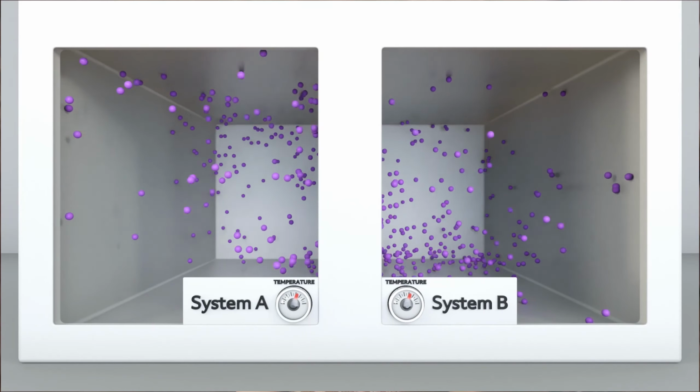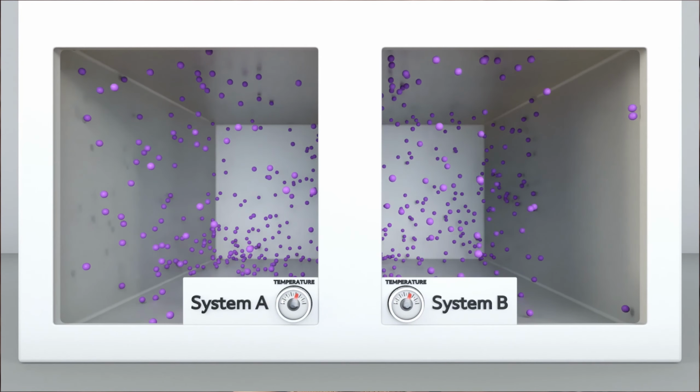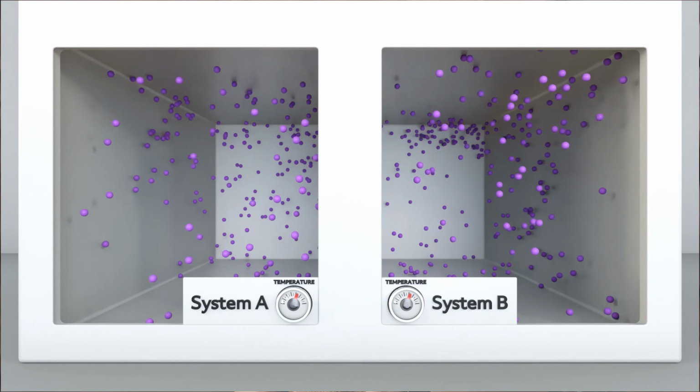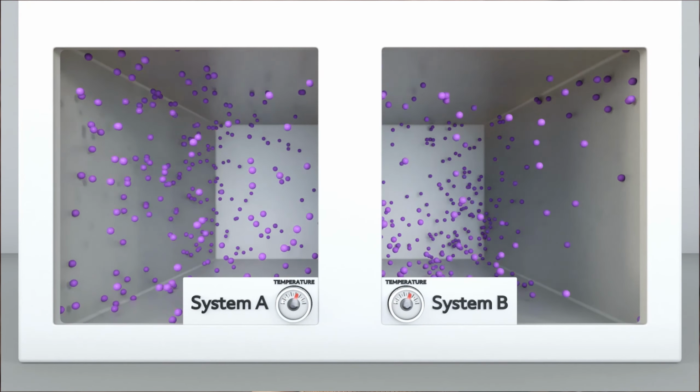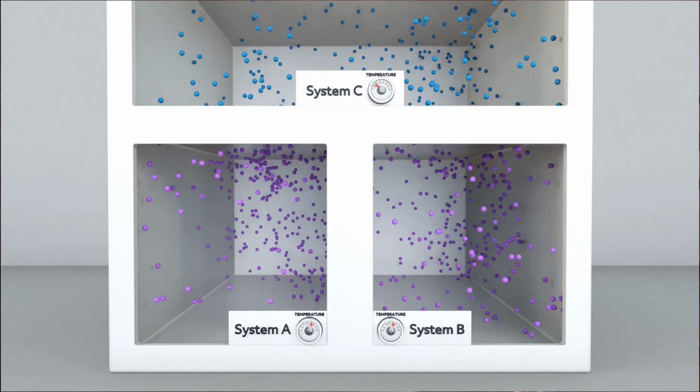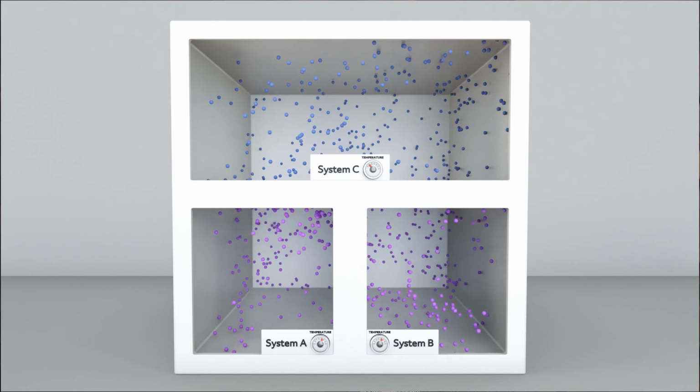Once heat or energy is transferred between 2 systems such that there is no more heat being transferred, or the transference of heat stops, then the systems have reached equilibrium, more specifically thermal equilibrium, since we are talking about heat. Now, let's say that we have another system, A and C, and they also reach equilibrium.